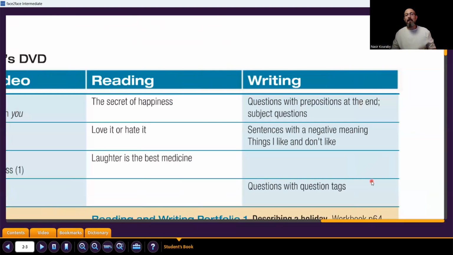You can find everything, because the language is divided into 4 skills: listening, speaking, reading, and writing, and 3 systems: grammar, function, and vocabulary.